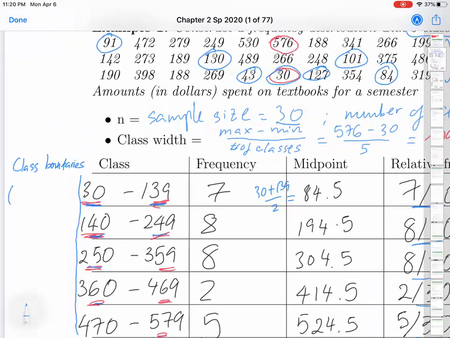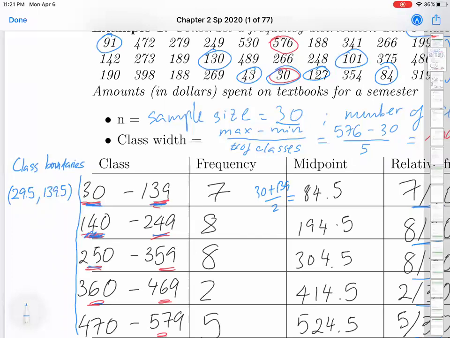For the first class boundaries, I would take a value that is smaller than the lower limit of the first class, and the upper boundary should be the value that is in between the upper limit of the first class and the lower limit of the second class.